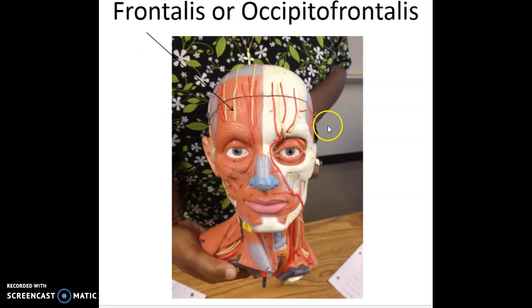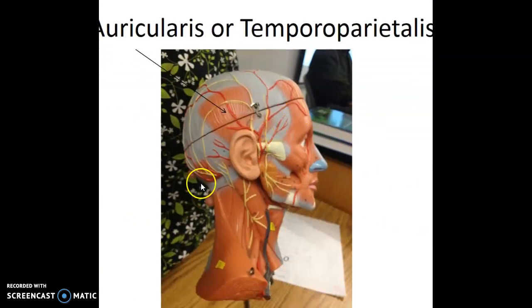Okay, this is a picture of the muscle model, where the first thing we need to understand is that since muscles are layered, one side of the model will be more the superficial areas, the other side will be the deeper areas. In this case we are seeing the frontalis portion of the occipitofrontalis, and this area back here would be the occipitalis portion, and of course this is called the galea aponeurotica, otherwise known as your scalp, this gray area through here.